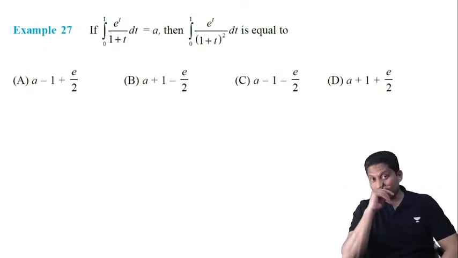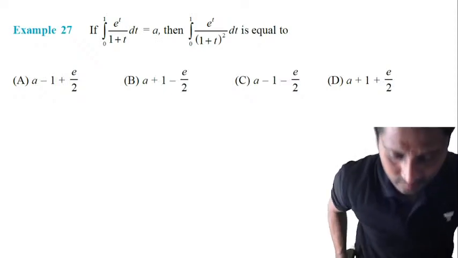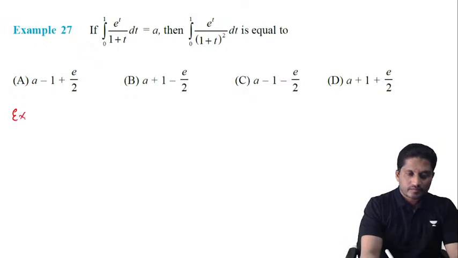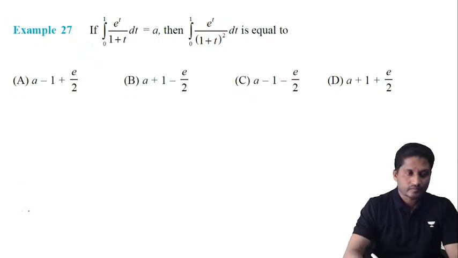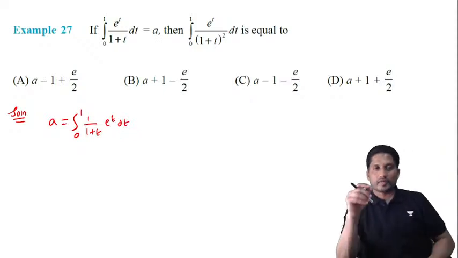Okay, I need a relation between A and E. So this A is equal to the integral from 0 to 1 of 1 divided by 1 plus t, e power t dt. Now I'll use integration by parts.